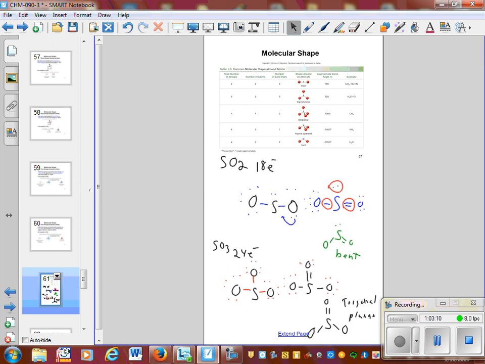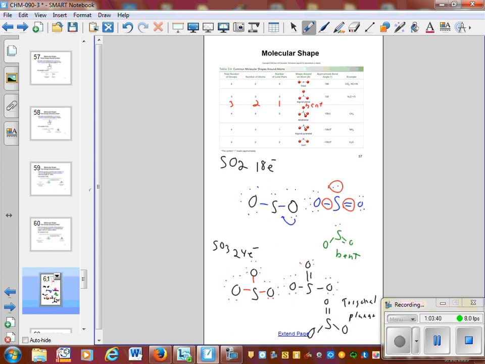One that they didn't put in there is 3 groups, 2 atoms, 1 lone pair. It's bent. Okay? So there are 2 choices for 3 groups. One is trigonal planar, one is bent.